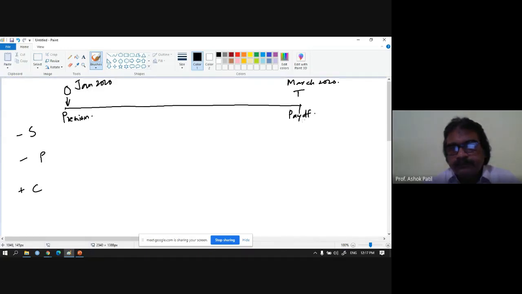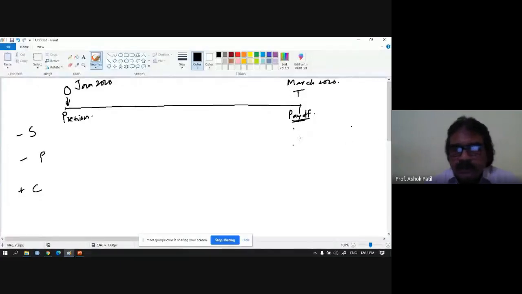So column C of Nikhil's Excel sheet was talking about the minus S position, that is, the payoff, meaning the value of the short share here. So we had minus 45 to minus 55 here. Similarly, for the payoff of P, we talked about minus 5 to 0 and then continuously 0.